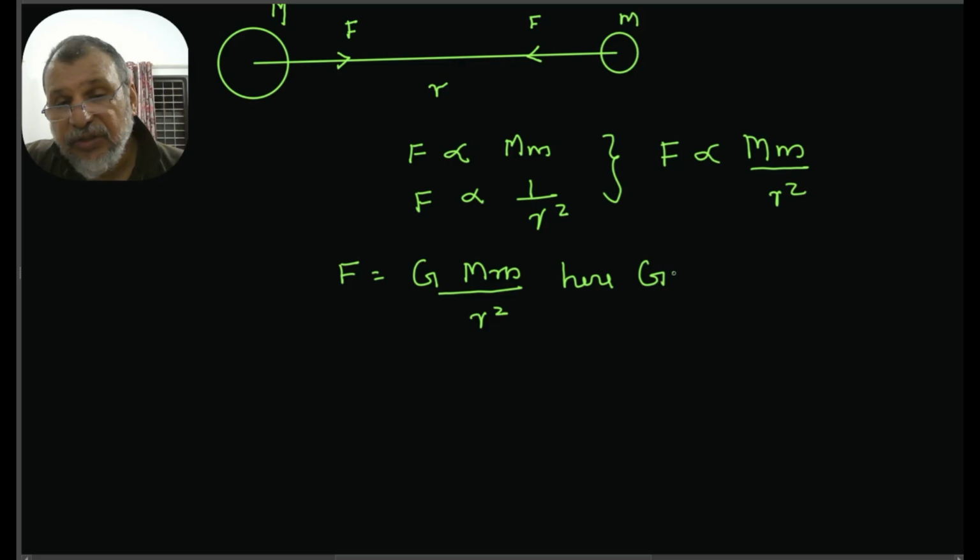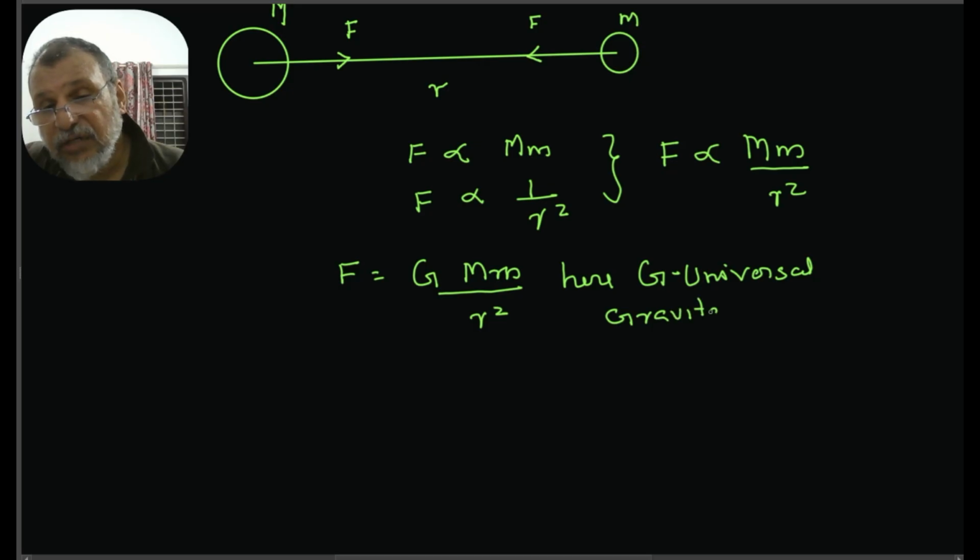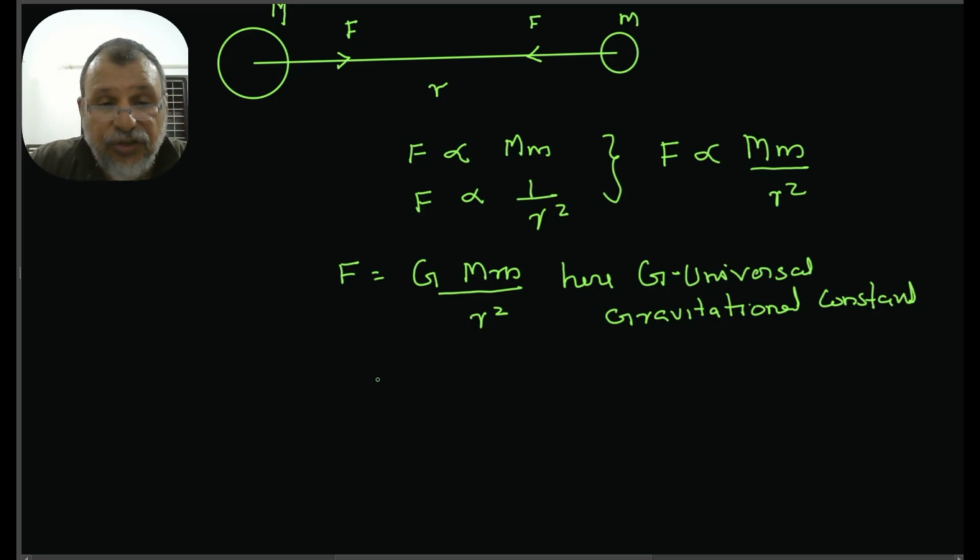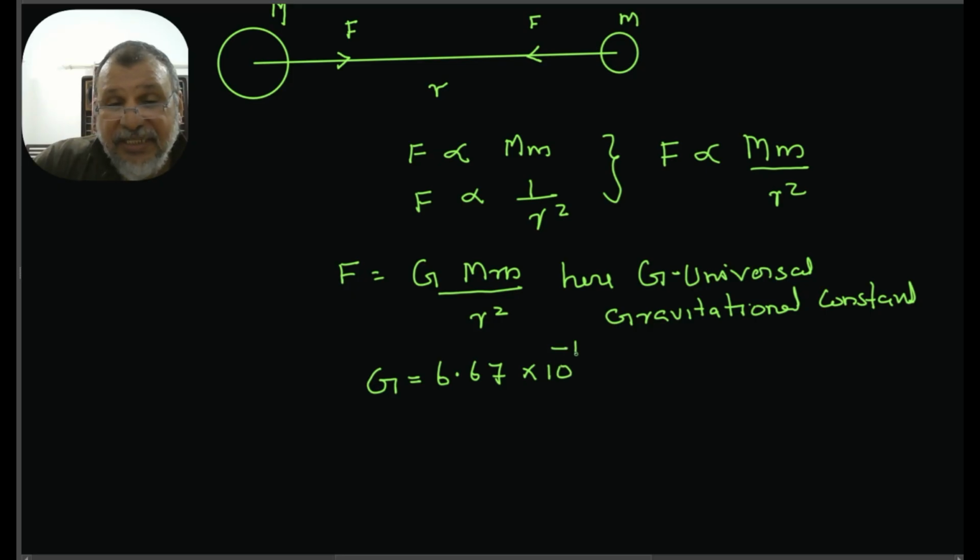In this case, the proportionality constant G is called the universal gravitational constant. In this universe, G has a value of approximately 6.67 times 10 to the power minus 11.